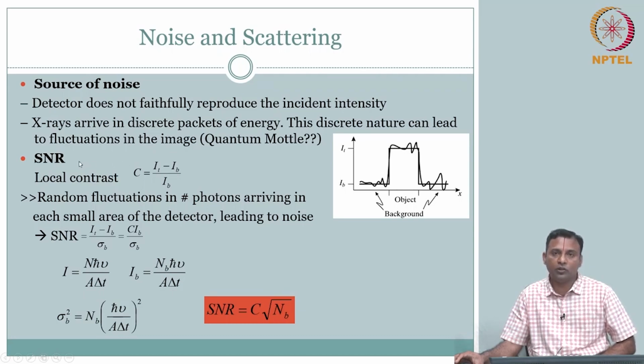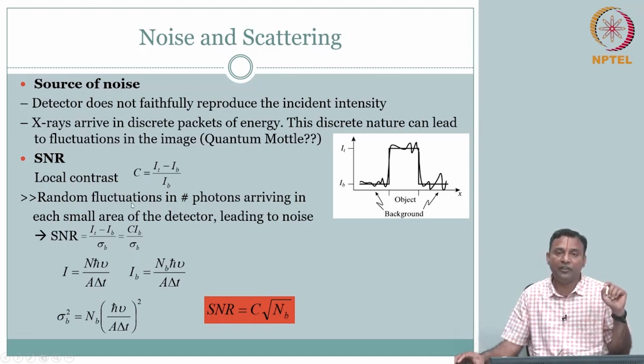Here we are talking about signal to noise ratio, where the signal captures the local contrast. There are some other measures: just the contrast ratio, signal to noise ratio, contrast to noise ratio. So there are several ways people try to capture it. You have to understand the definitions, how they define and what they capture. The term may be the same, SNR, but here notice the signal is defined as capturing the local contrast.